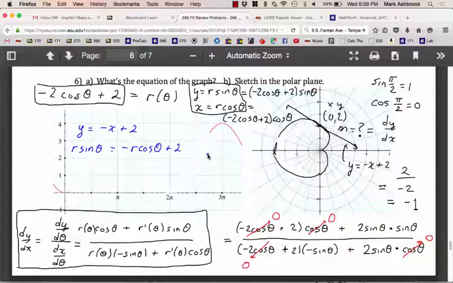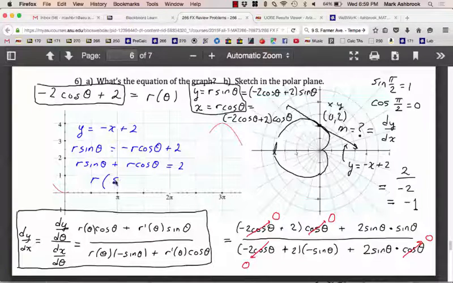What as a function of what? R is a function of theta. So we want to gather our r's together and get the r by itself. So we have r sine theta plus r cosine theta equals 2. Factor out the r. R equals?